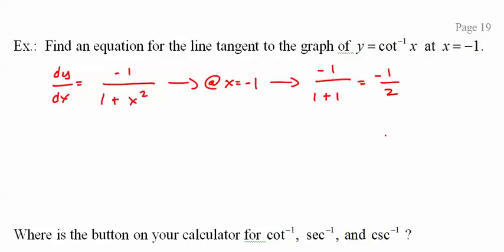That is the slope. And now, if we want to find the point, we have to go and plug it back in, which is a hassle. So we put it in y equals cotangent to the negative first, negative 1.